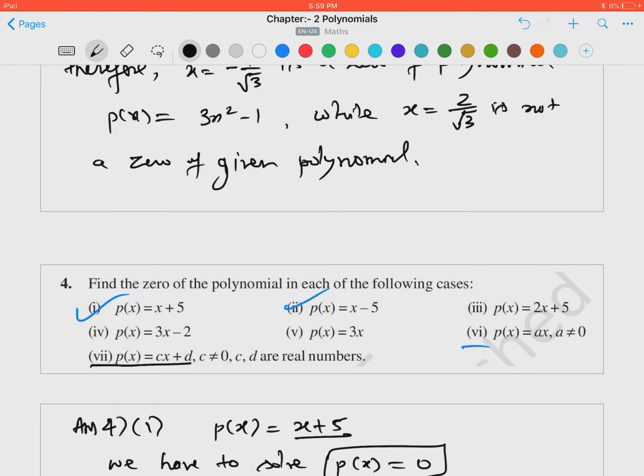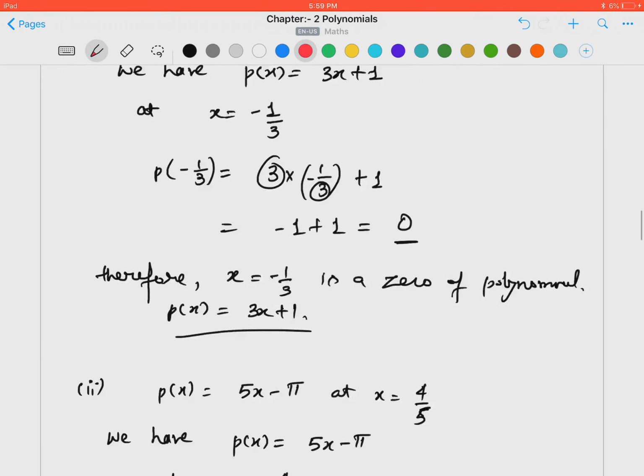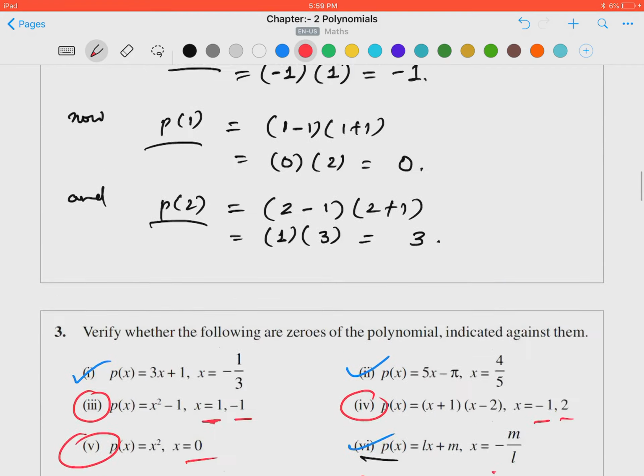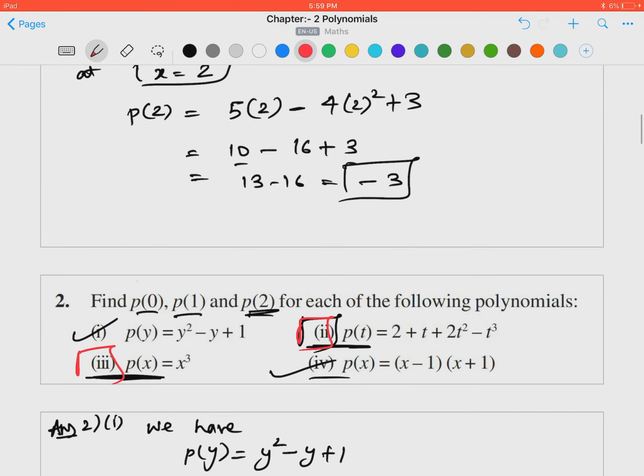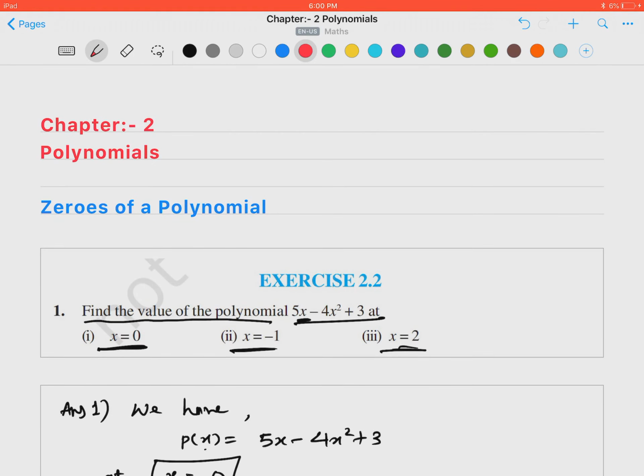So what I have done is parts 1, 2, 6 and 7. The remaining parts, which are parts 3, 4 and 5, are your homework. So parts 3, 4, 5 of question number 4, parts 3, 4, 5 and 8 of question number 3, and parts 2 and 3 of question number 2 are your homework.